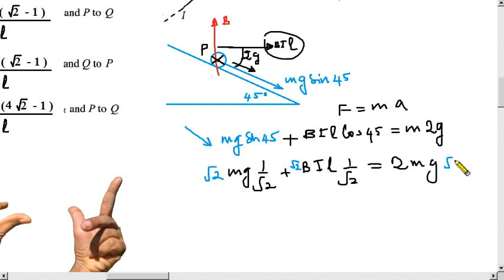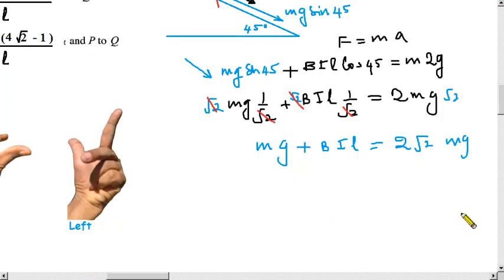So the root 2 cancels, and what remains is mg plus BIL equals 2 times root 2 times mg.